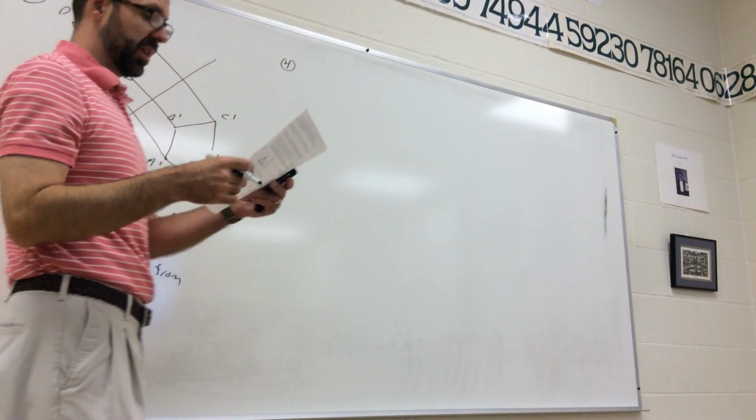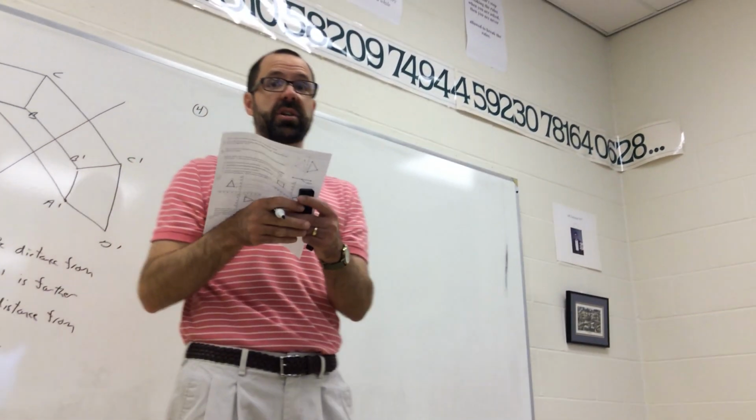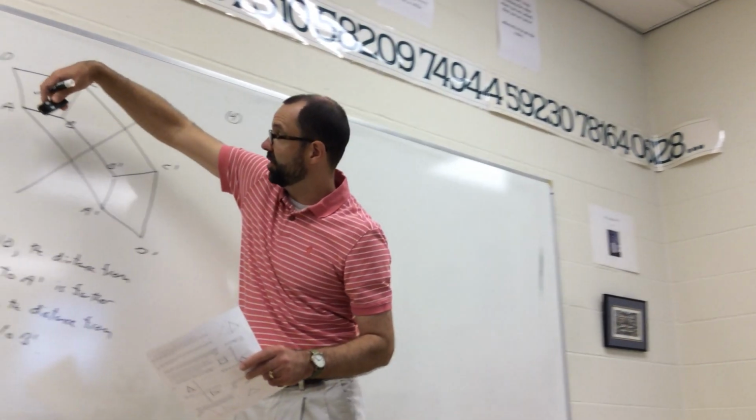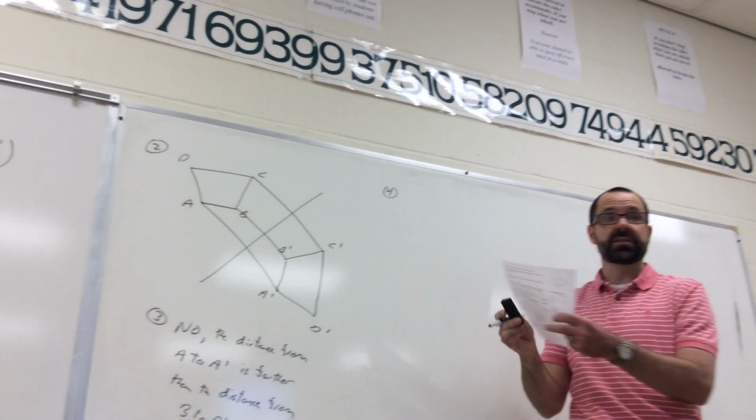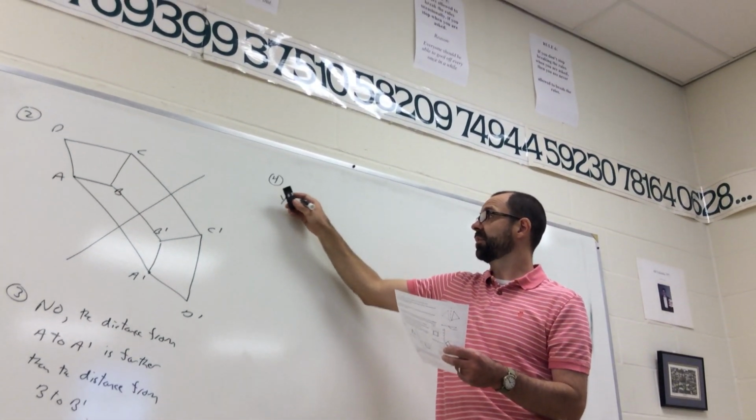Okay, then in number 4 it says, do the points move the same direction? So is this moving the same direction as that, moving the same direction as that? Yes, it is. Okay, so that answer is yes.